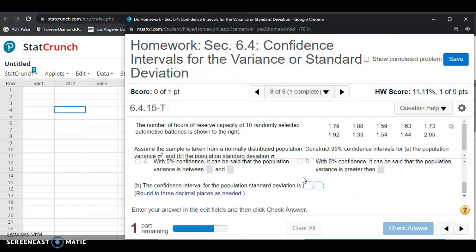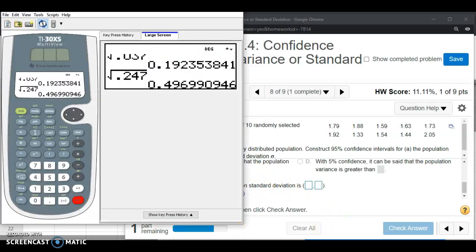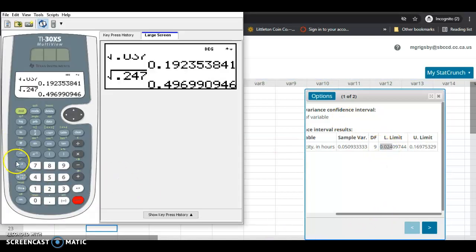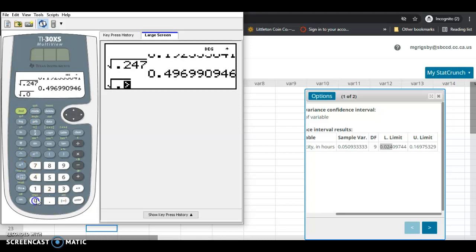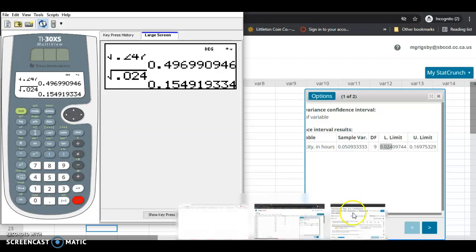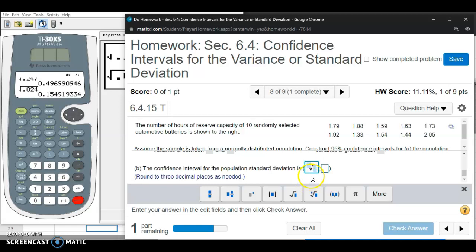Okay, good. All right, so now let's get the confidence interval for the standard deviation. All we do is take the square root of the lower and upper limits respectively. So the square root of 0.024 is 0.1549, so when rounded to 3 decimal places it is 0.155.